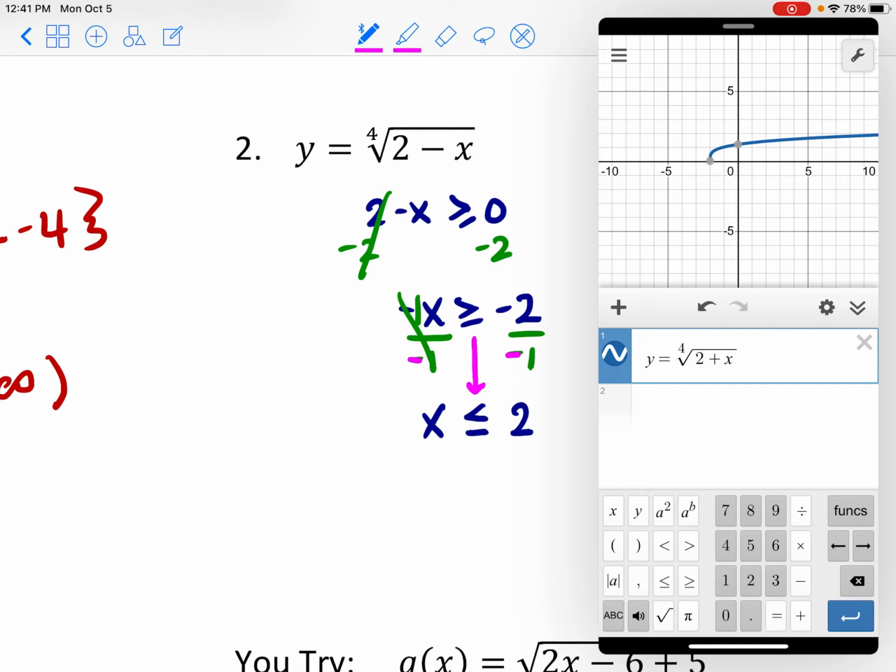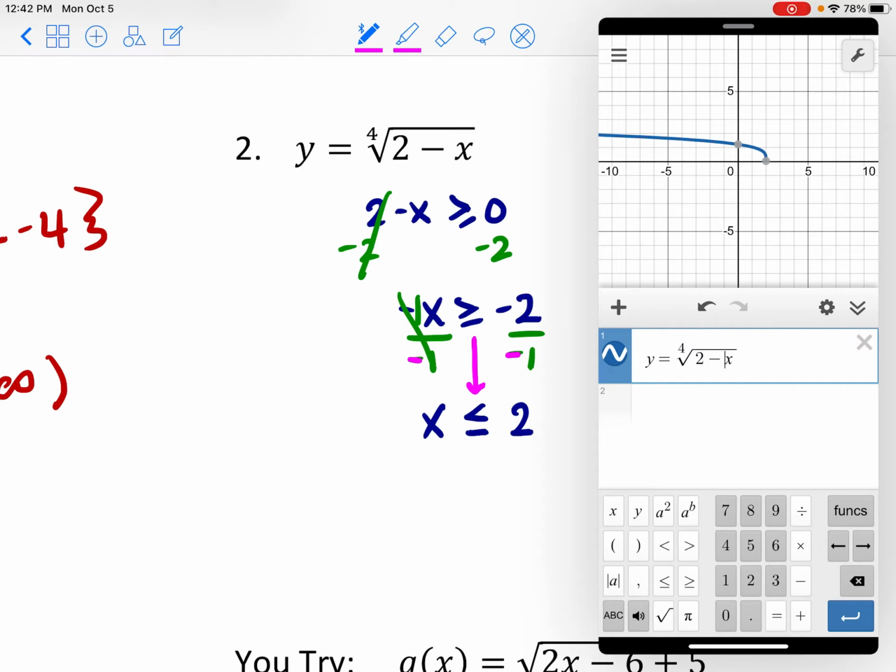We're just shifted over 2, we're going to go from -2 to infinity. But the negative in front of the x reflects it over the x-axis, or sorry, over the y-axis. So if we reflect it over the y-axis, we change directions on the graph, then we're no longer starting and going right forever. This time we are going left forever, and then we have an endpoint, a stop point. So the reason we flip the inequality when we solve is because of the negative in front of the x, it's not just one of these rules like, oh, divide by negative, flip the symbol.